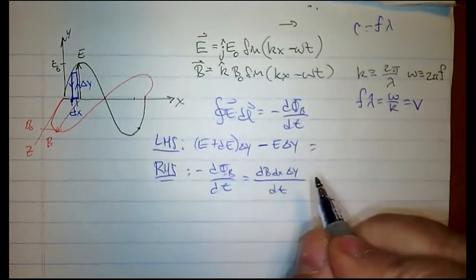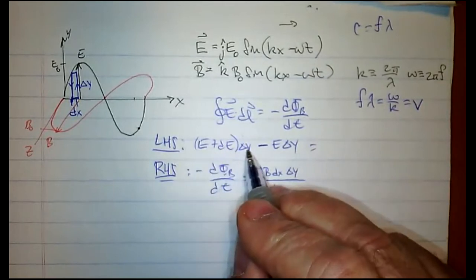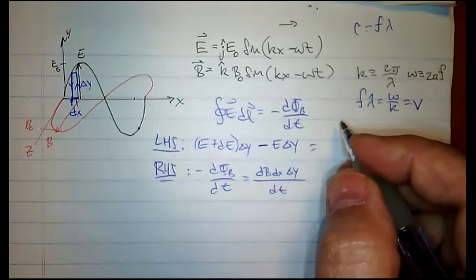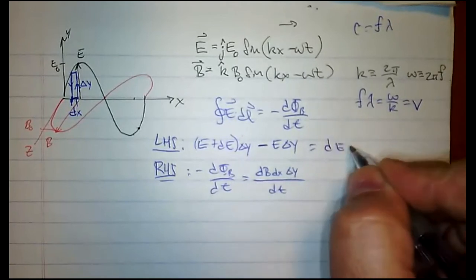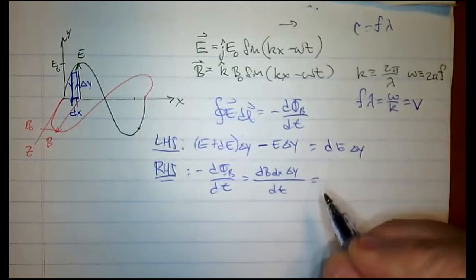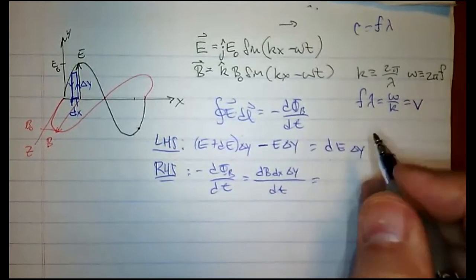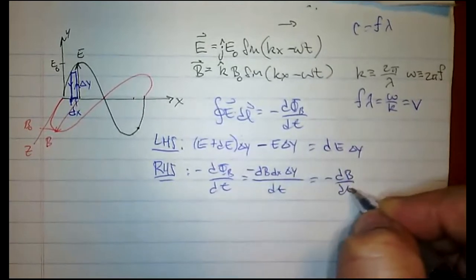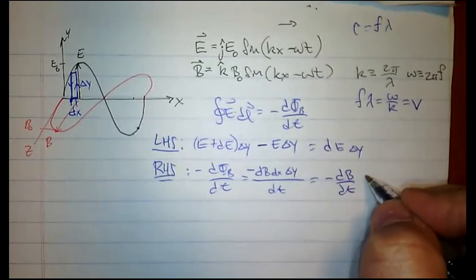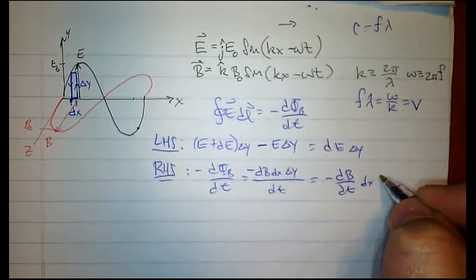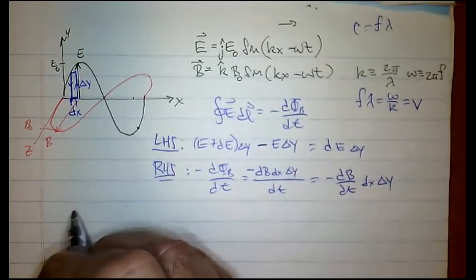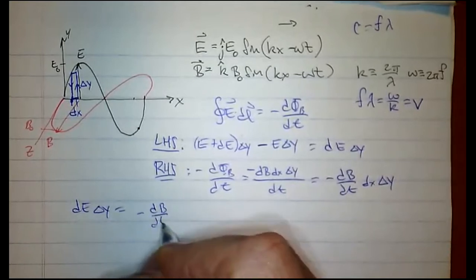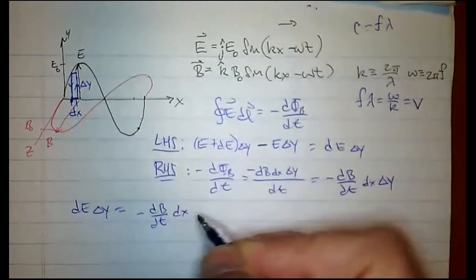So I can reduce this. You'll see that E delta y minus E delta y cancels out. So this left-hand side just becomes dE times delta y. And this part right here becomes negative dB, oh, I left off the negative, negative dB dt times dx delta y. I set them equal, I get dE delta y is equal to negative dB dt dx delta y.